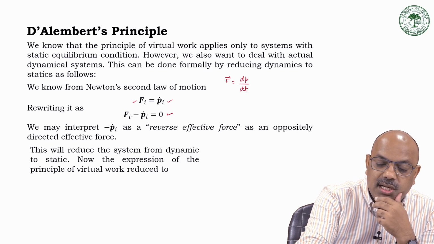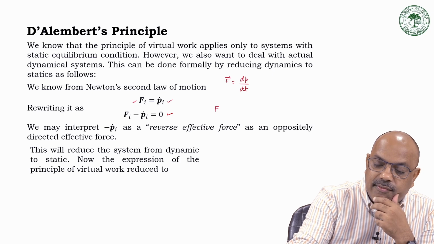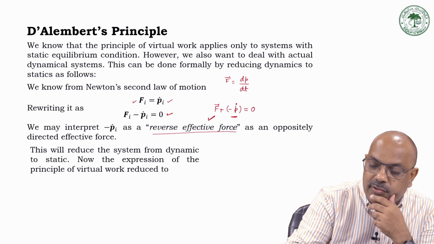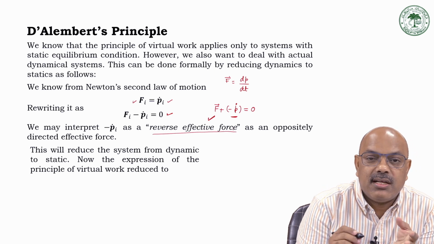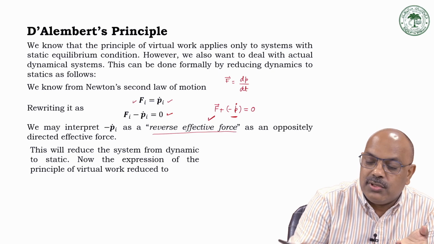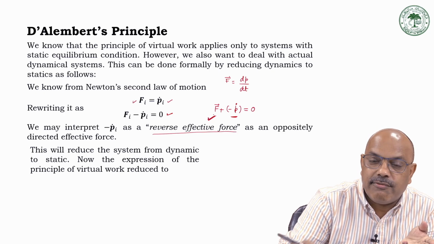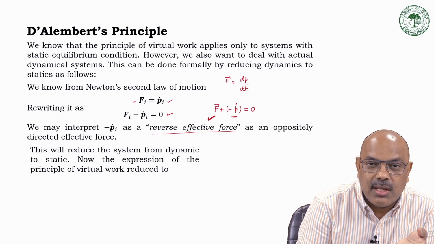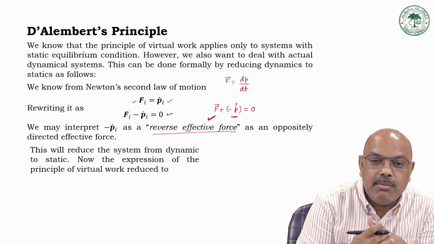So whatever force I am applying, there is a reverse effective force, directed oppositely to the force I am applying. That's why the total effective force acting on the system is 0, and the system is in dynamical equilibrium.